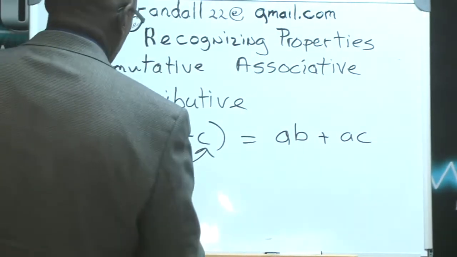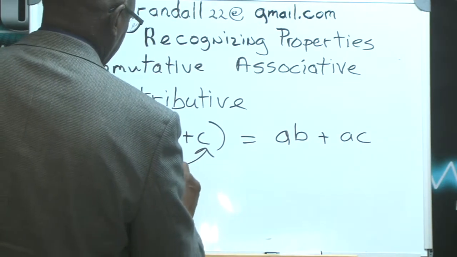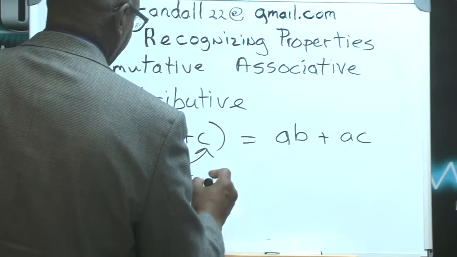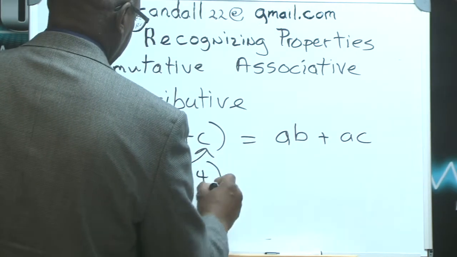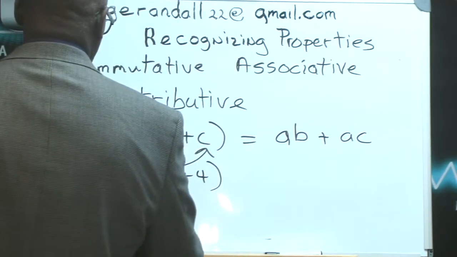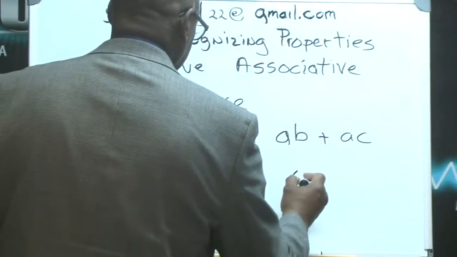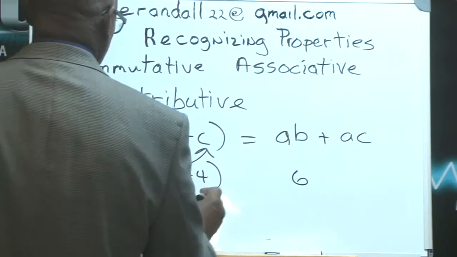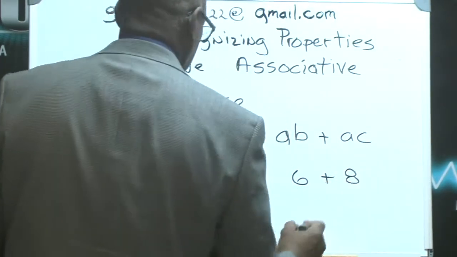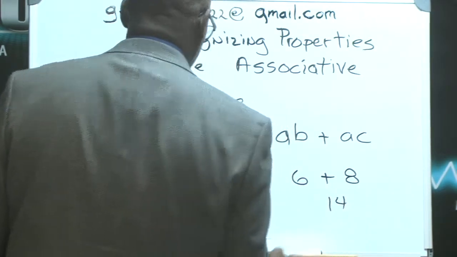So again, A is 2, B is 3, and C is 4. So 2 times 3 is 6, and 2 times 4 is 8. And that would be 14.